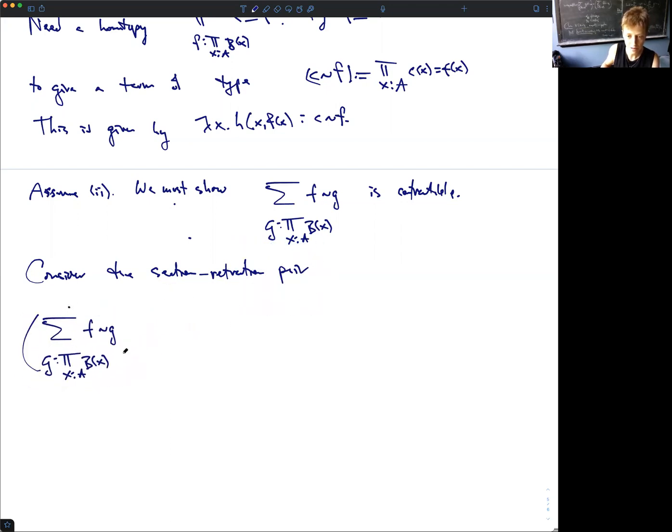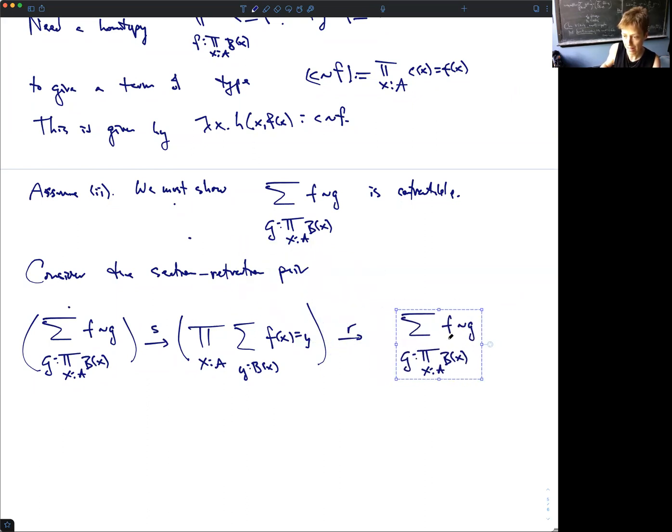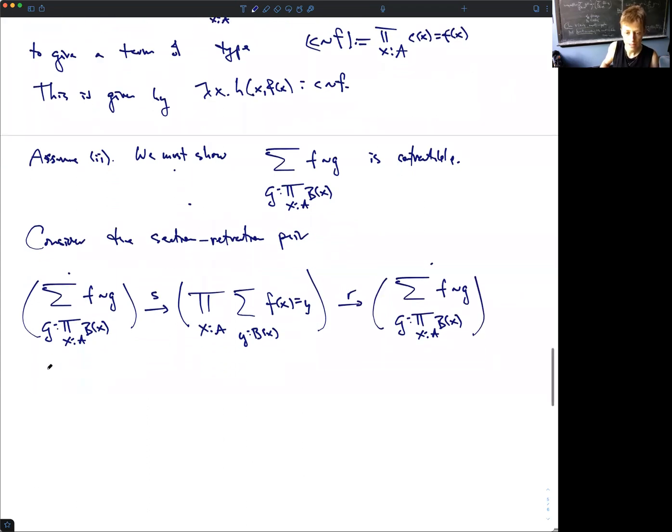We'll start with this over here, and then relate it to the type where I take the product, for all x in A, and then a sum over the fiber y in B of x, and then look at an identification between f of x and y. This map I'm going to call S, and this map I'm going to call R, and it's going to land back in the type that we're trying to show is contractible. So I need to define these maps for you.